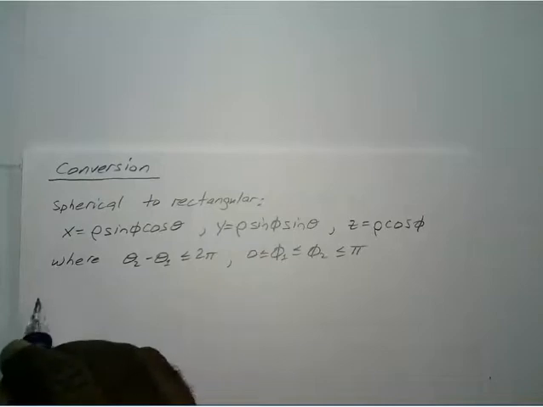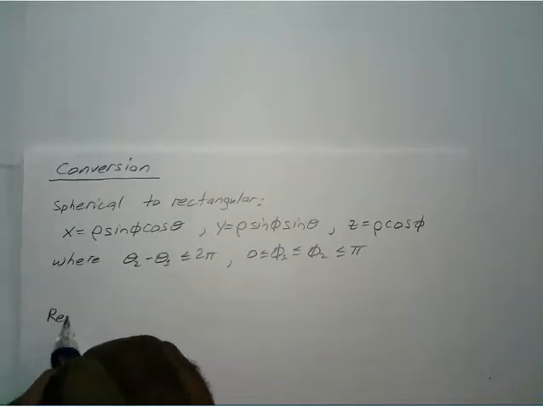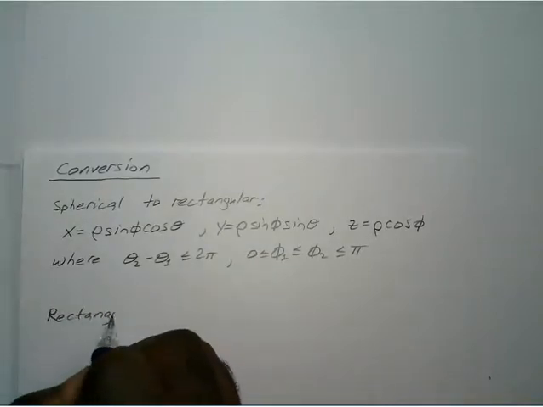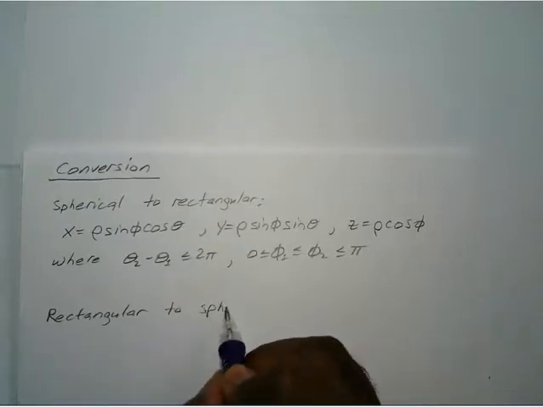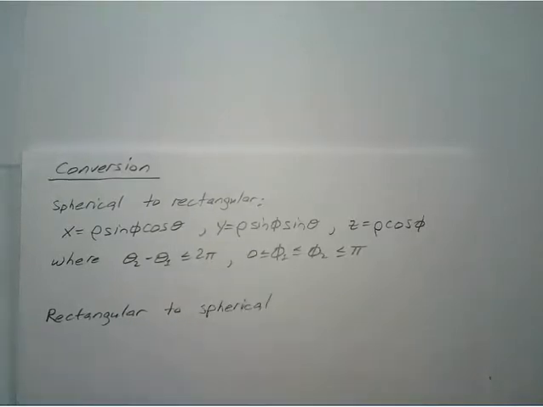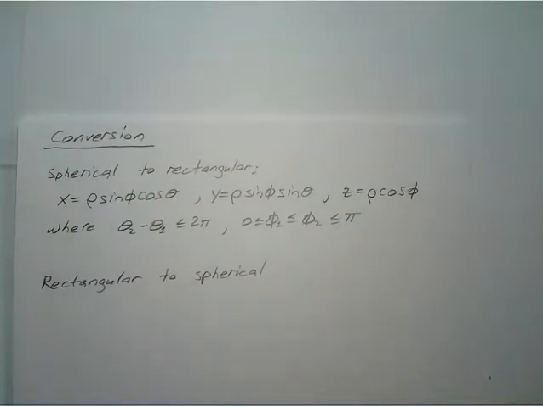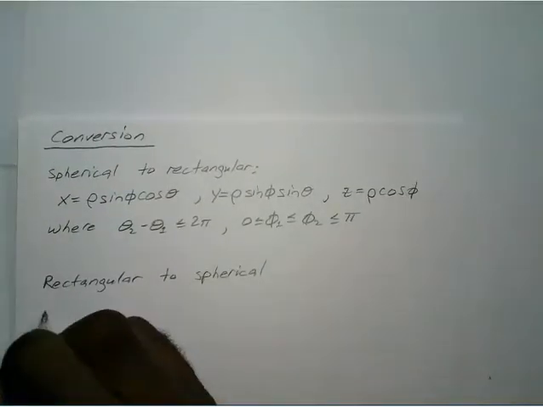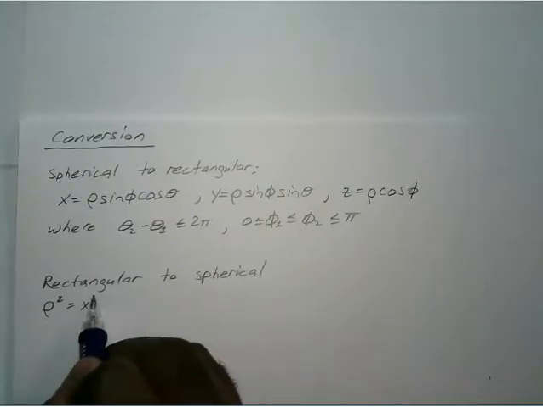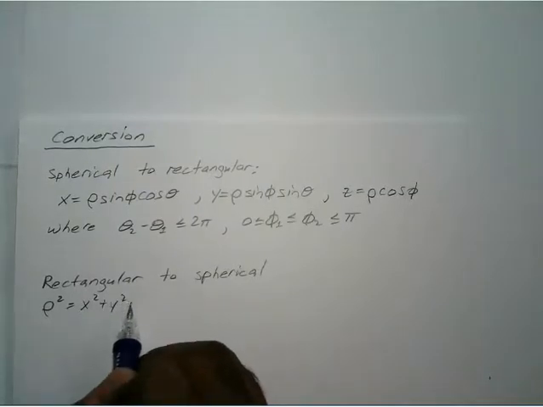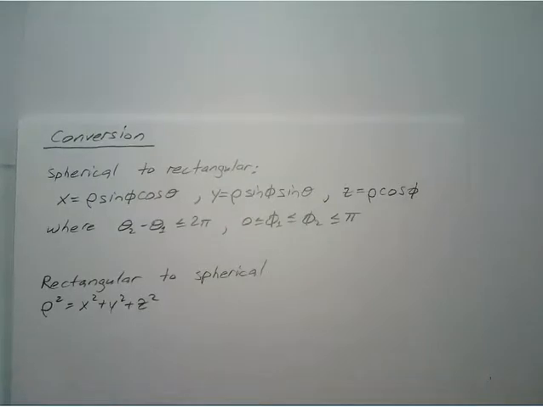Okay. Now, if you wanted to convert from rectangular to spherical, okay, you see here that rho squared is equal to x squared plus y squared plus z squared.